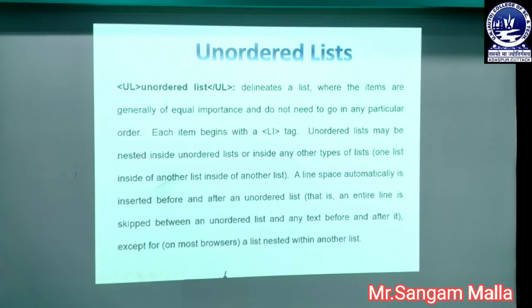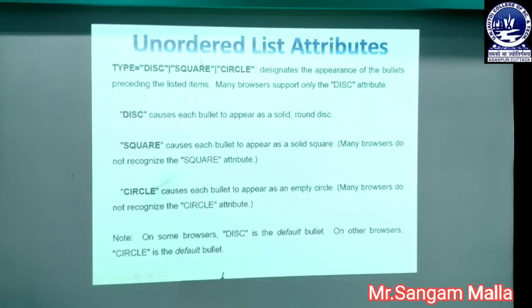An unordered list is used to give symbols, not a numbered list. If we want a numbered list, we can use the ordered list, which is the second category of list. But in case of the UL tag, there will be no numbered bullet. We will now describe the attributes associated with an unordered list.